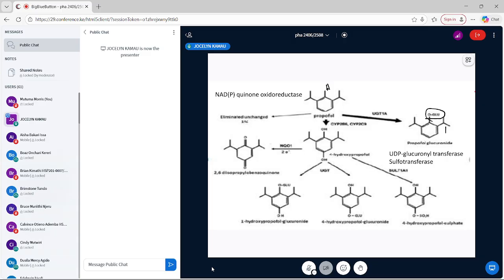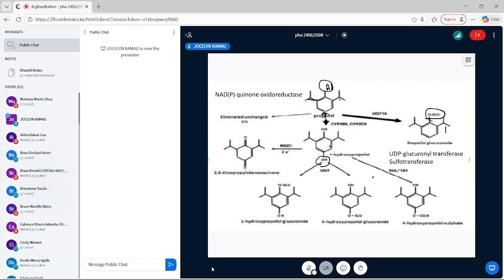It can also undergo cytochrome P450 oxidative hydroxylation at that position there. This hydroxyl group is an ortho para director. Both other positions are occupied, so the only position left for oxidative hydroxylation is the para position, and that can happen to give us that hydroxyl group. And once that happens, you get the 4-hydroxy propofol.